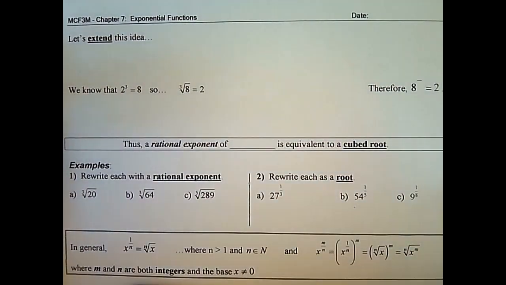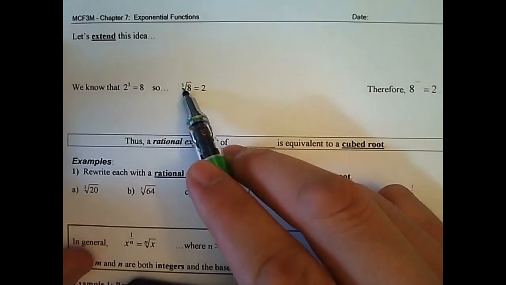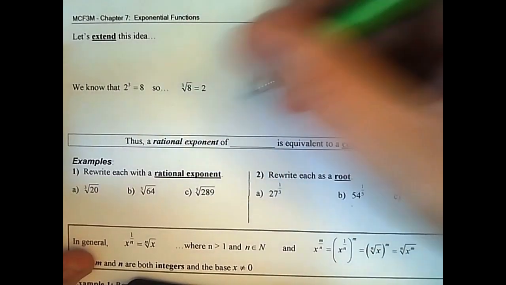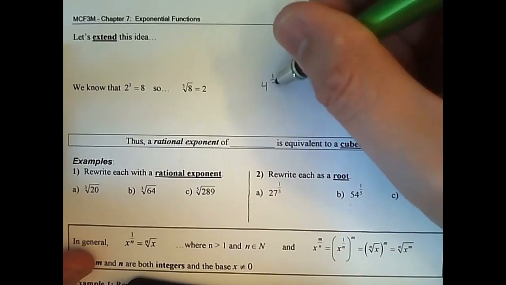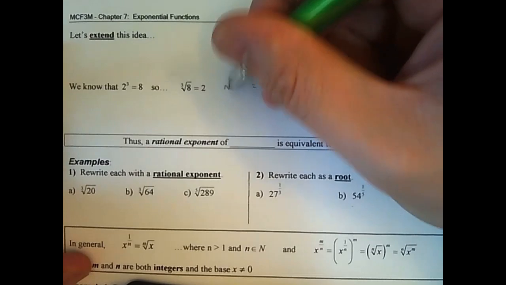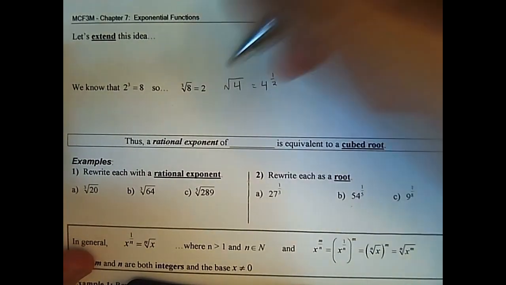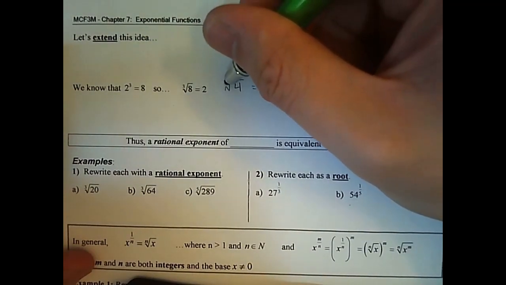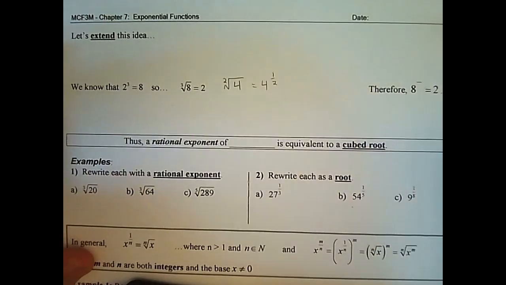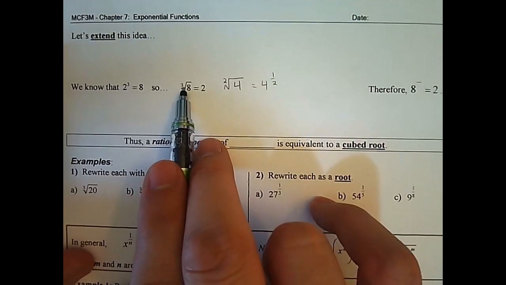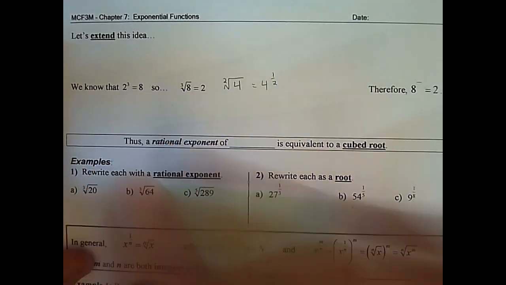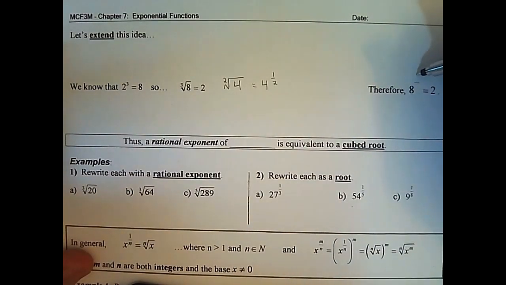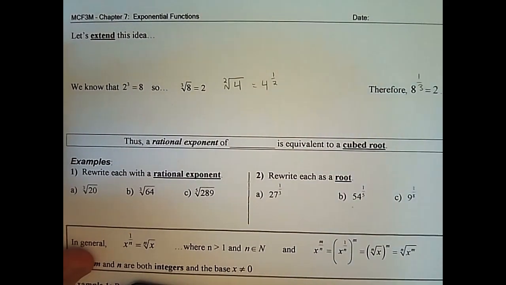So we said before that 4 to the power of 1 over 2 is equal to the square root of 4, and this is technically a 2 here. So if this is a cube root with a 3 here, and this is the exponent here, I can actually write this as a fraction as well, as 1 over 3.